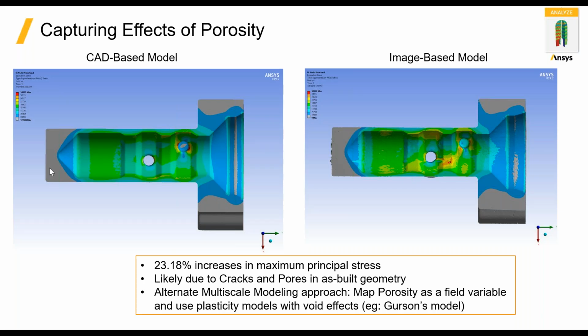So another way of doing this, as it says in the last bullet point, is that the Synopsys tools can export porosity through the entire field for that part, and that can be brought in very easily into ANSYS and used in analysis with more advanced material models.